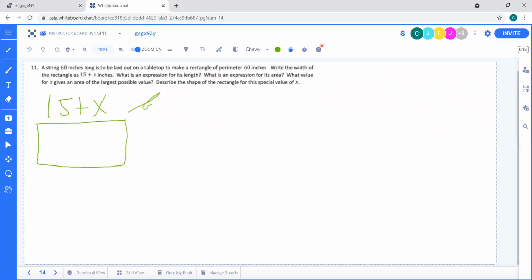Oops, sorry, I was trying to get something off my screen there. Okay. We need 60, right? 60 inches. Well, this would be 60 minus what? The 60 minus 2.